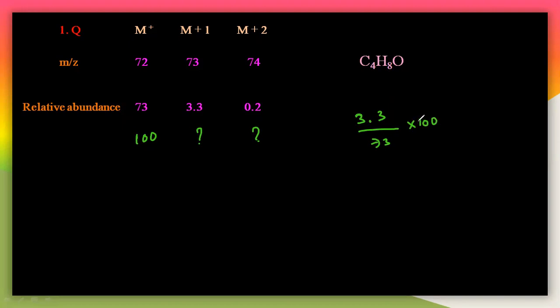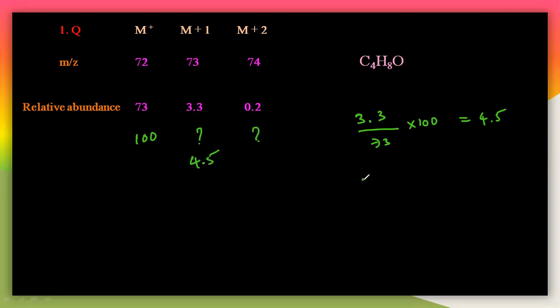So 3.3 and you are dividing with 73 here. So you will get a certain value here, actually 4.5. That means you can write this as 4.5.